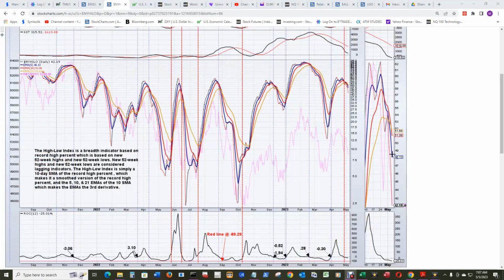So we have the 5 EMA below the red EMA 10 and the red 10 EMA below the gold 21 EMA. So that's just starting to form that downwards rainbow pattern.